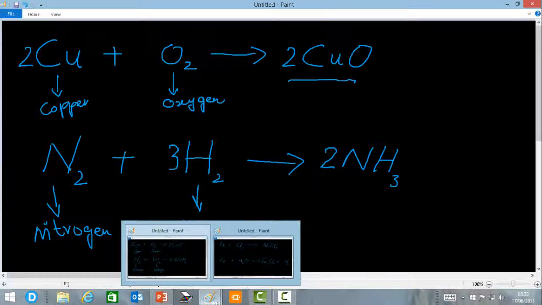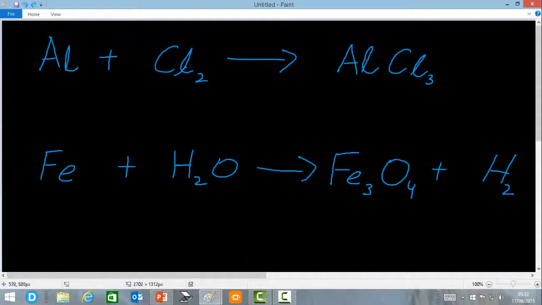Now we will move on to some difficult or complex ones, like over here Al represents aluminium, and Cl2 represents chlorine. So what happens next?